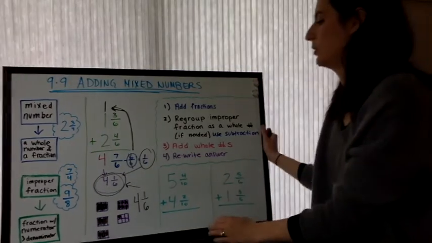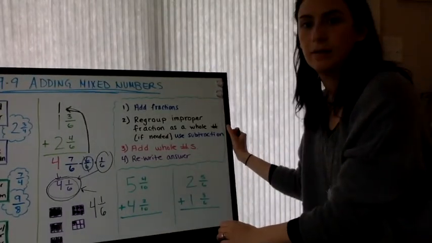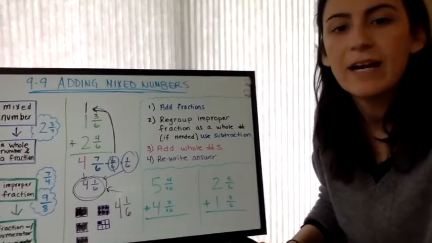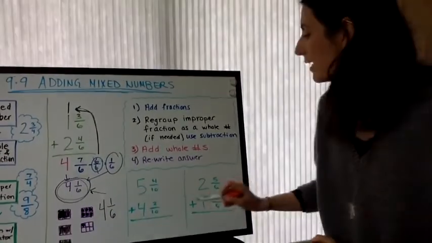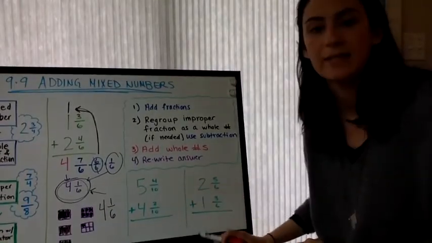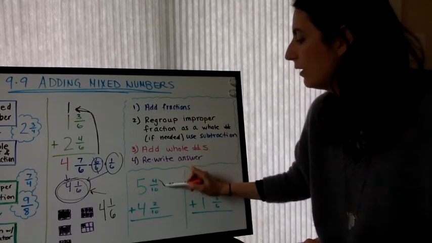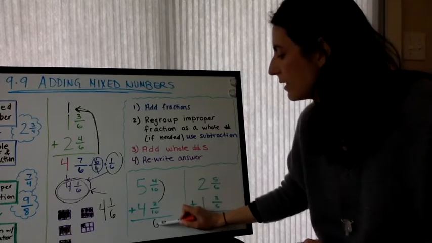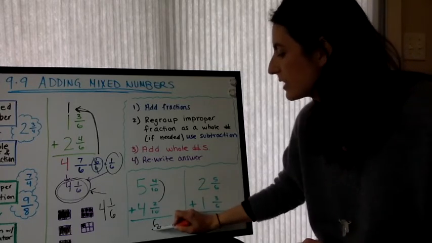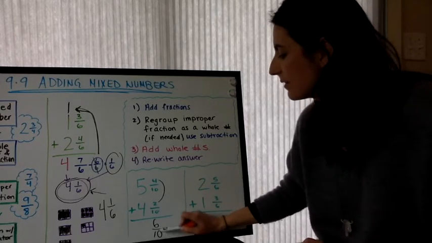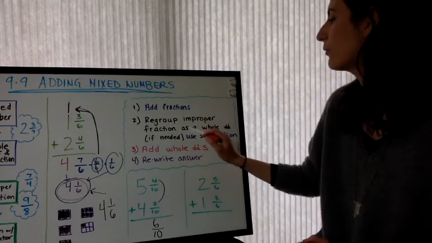Okay, so I'm going to show you how to do 2 more. So we have 5 4/10 plus 4 2/10. My first step is adding my fractions. 4 plus 2 is 6. My denominator stays the same, 6/10. My next step is regroup if needed.